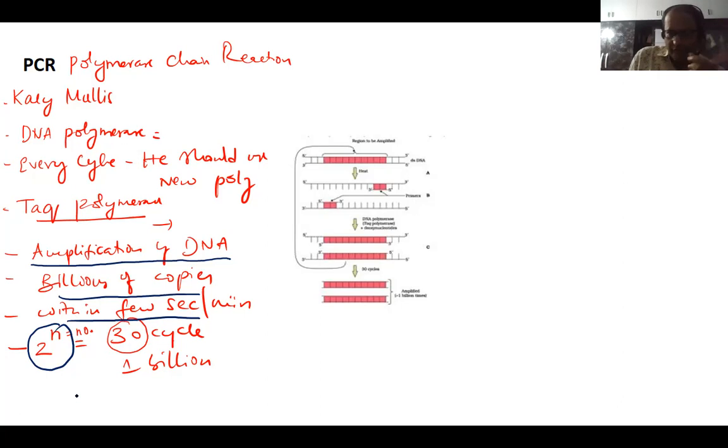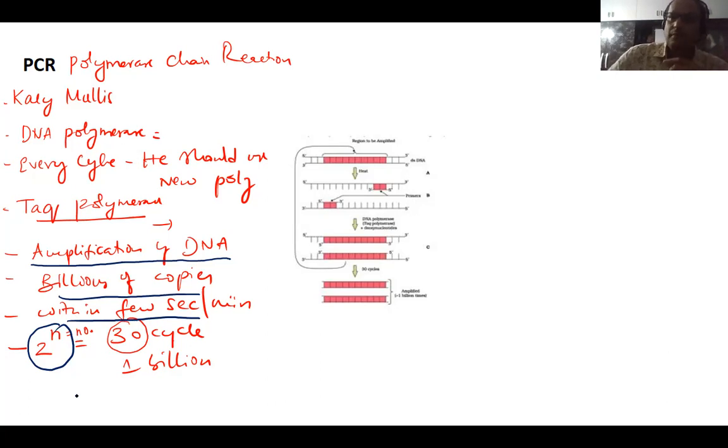Now for every fragment we synthesized, for every cycle you had to add new DNA polymerase. That was time consuming. For example, if you want to do 30 cycles, again and again you have to add the DNA polymerase.